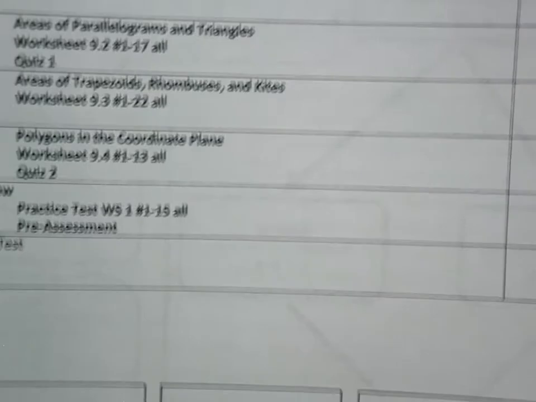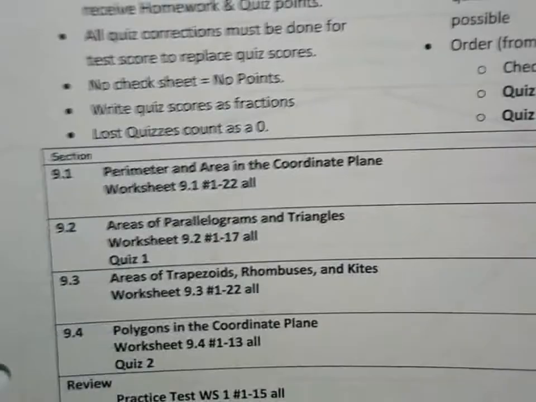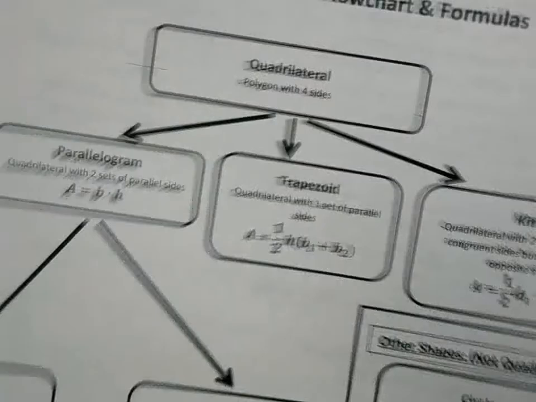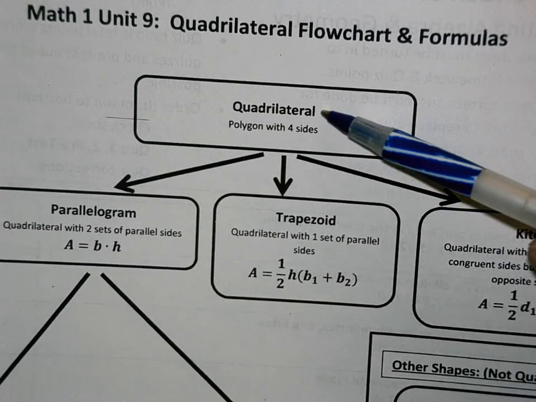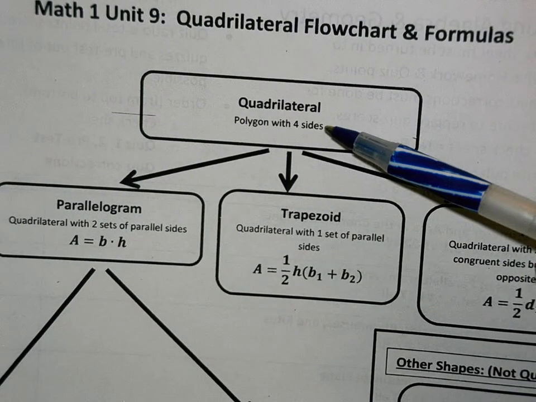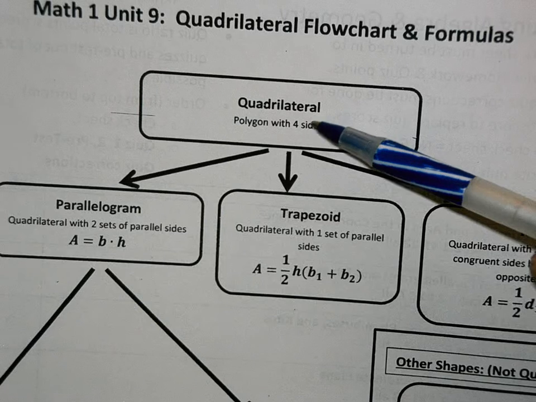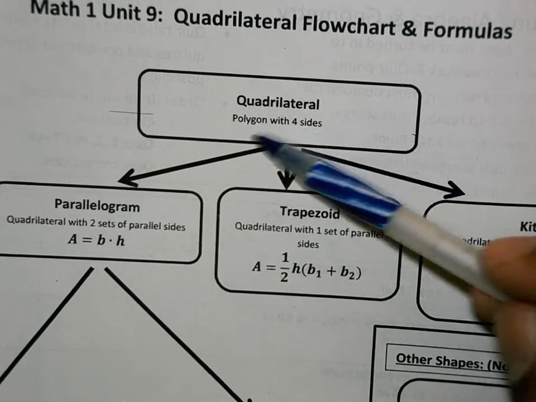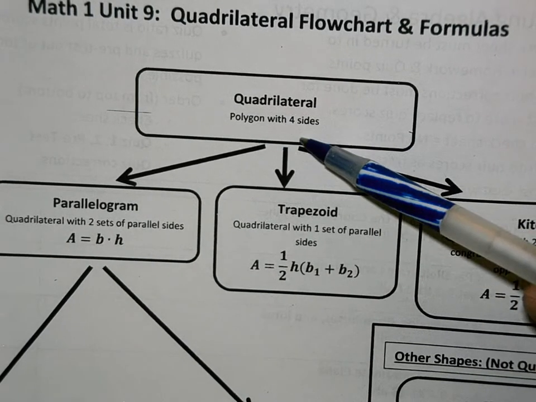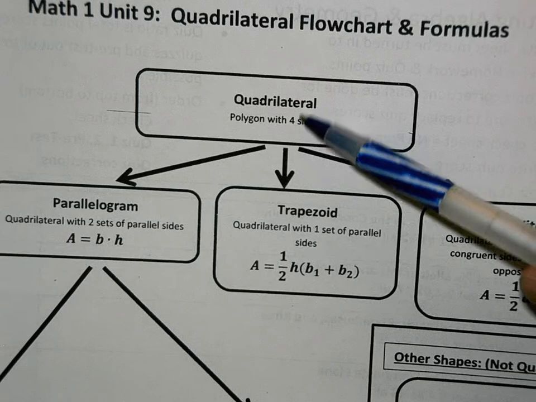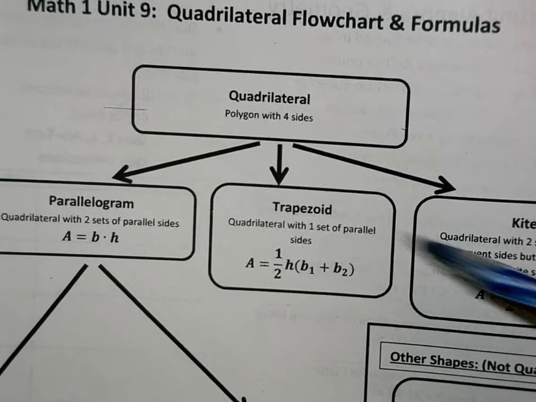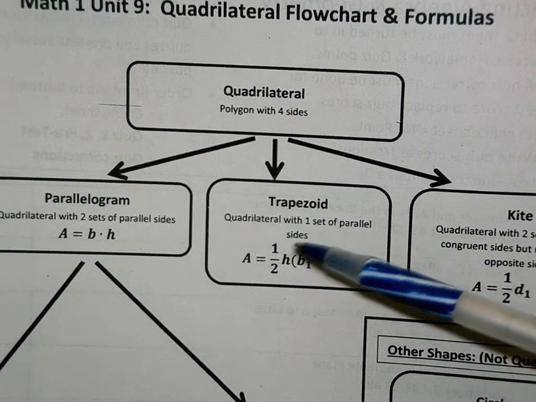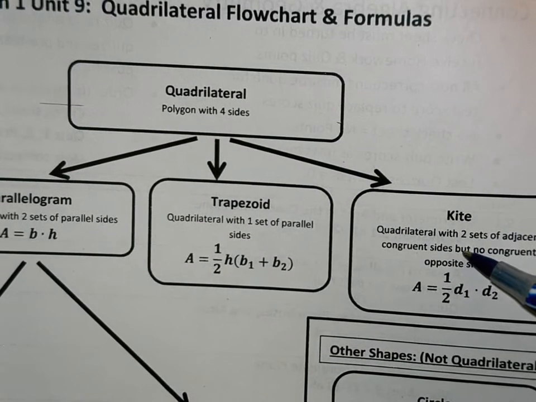So if you were to turn that check sheet over, you have this gigantic flow chart that talks about four-sided shapes. So a quadrilateral is any polygon with four sides. If it has four sides, it's called a quadrilateral. There are three different ones that we're covering here: parallelograms, trapezoids, and kites.